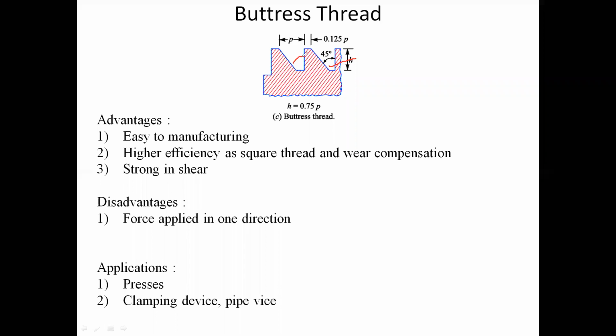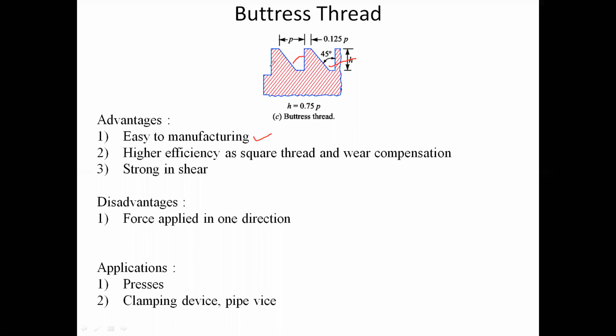So here you can see, as it is having one straight and one incline, it is easy to manufacture than our square thread or trapezoidal thread, because one straight, one incline. So it is very easy to manufacture by using a hobbing machine or any special purpose lathe also.